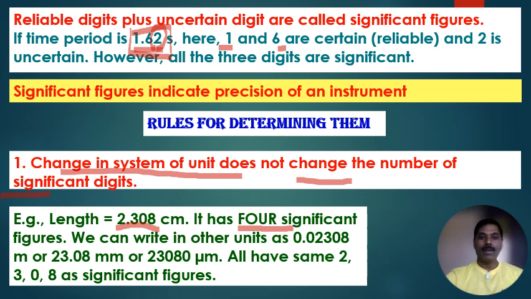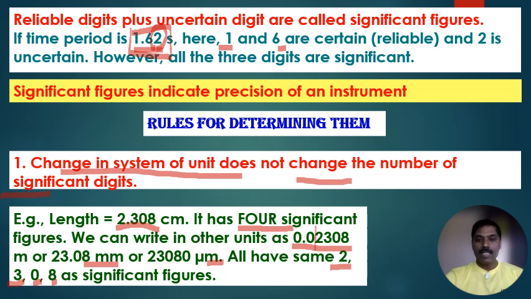We can write it in other units also: 0.02308 meter, 23.08 millimeter, or 23080 micrometer. So 3 different units have been used in order to express the same length. In all the cases, the same numbers, I mean 2, 3, 0, 8, are the significant figures.